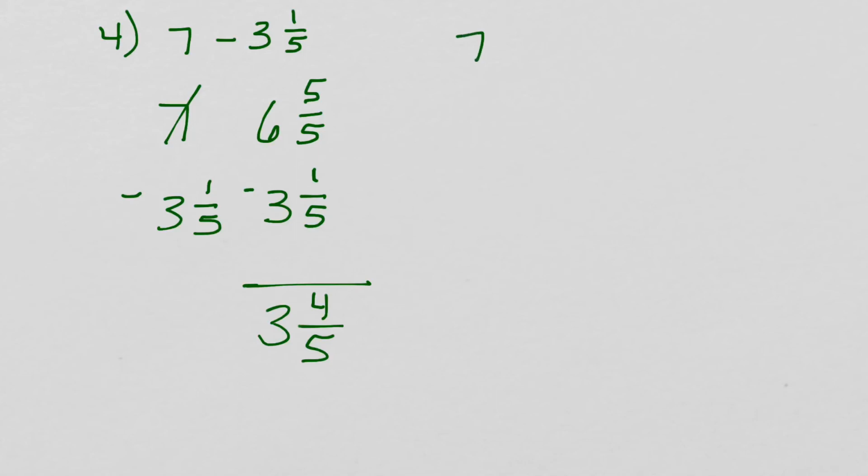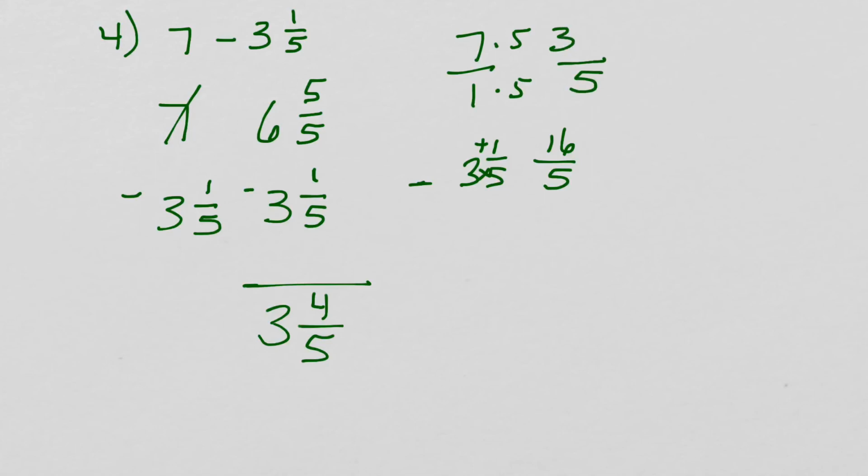Now I can also do common denominator with 7 over 1 minus 3 and 1/5. So I'm going to multiply and add, which gives me 16/5. Then I'm going to multiply this by 5 and this by 5, because this will also give me a 5 in my denominator, and it will give me 35 in my numerator.